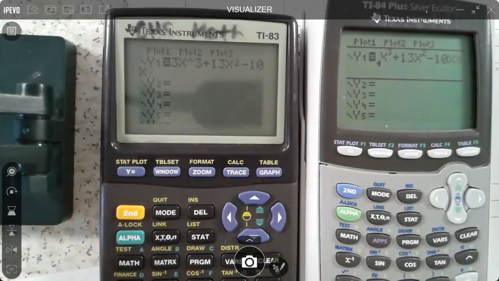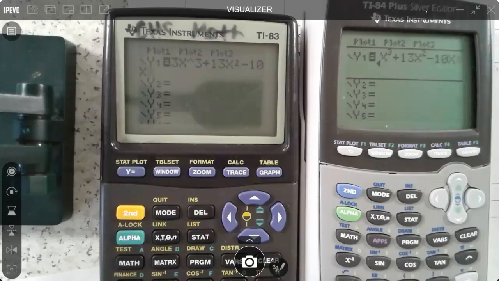Here's the two ways that it could look. See, mine does that too, and I don't have an 83. I have an 84. Press the caret until you find what I saw on that.